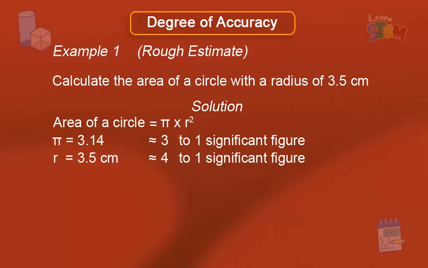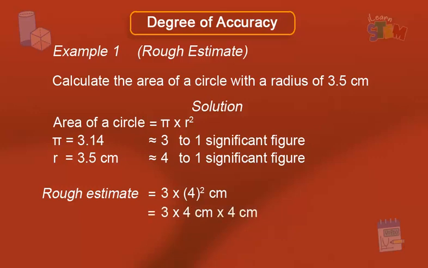Now, let's substitute the rounded values into the formula for finding the area of a circle, as stated above. That gives us 3 multiplied by the square of 4 centimeters. Now let's open the bracket. Equals 3 times 4 centimeters times 4 centimeters.